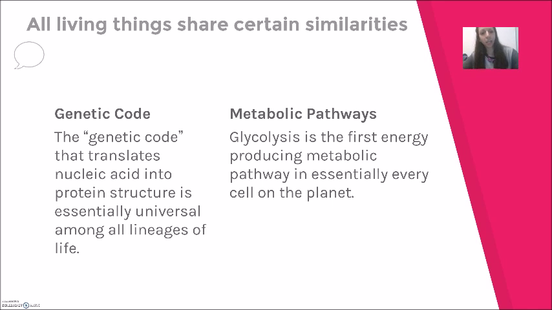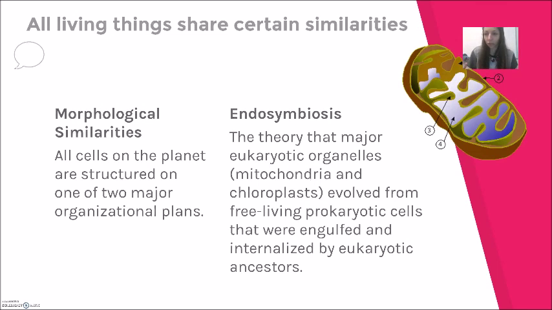The genetic code, DNA and RNA, that translates nucleic acid into protein structure, is essentially universal among all lineages of life. And then, of course, our metabolic pathways. We see these in almost all living things. Glycolysis is the first energy-producing metabolic pathway we've seen, and it's essentially in every cell on the planet. It's really important, and we need to get energy somehow.